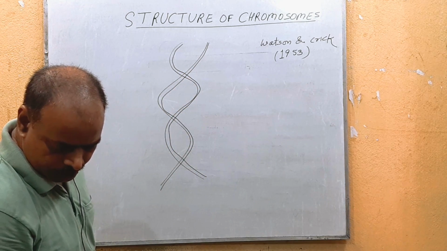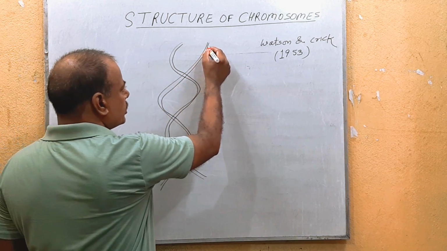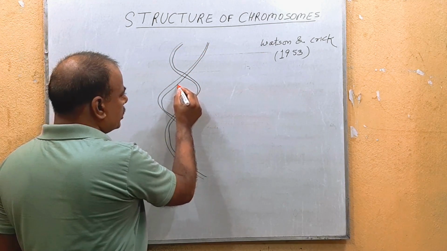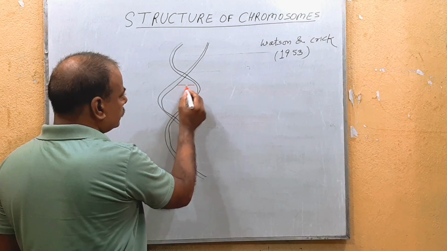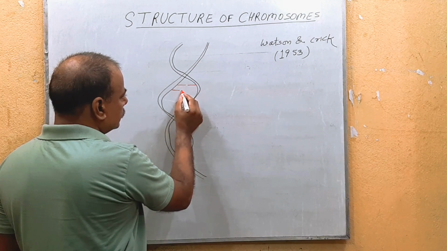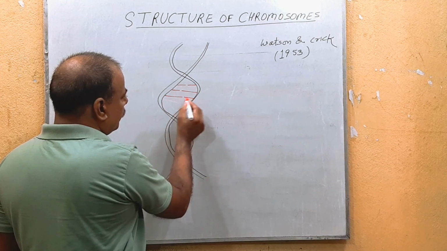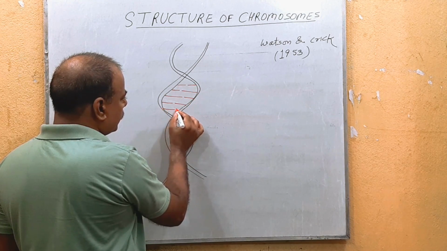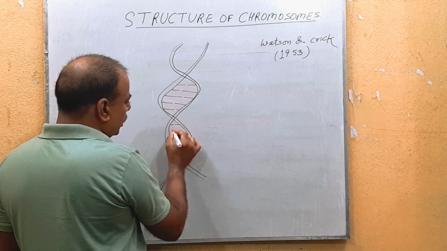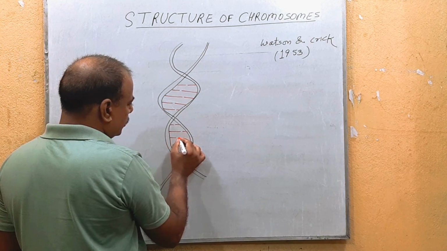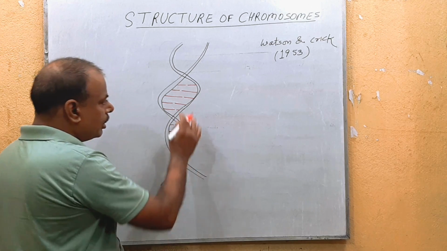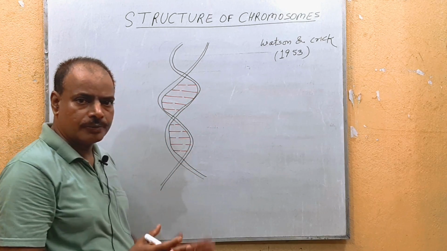In this structure, these are the two strands, and between these two strands there are 1, 2, 3, 4, and 5. Here again 1, 2, 3, 4, 5. So these are the 5 base pairs.